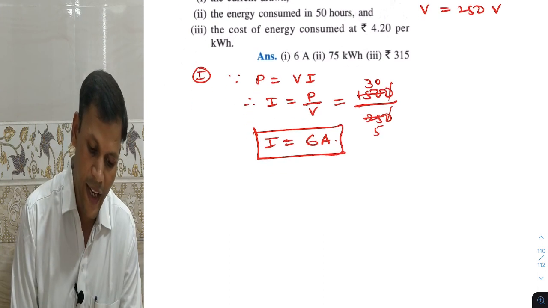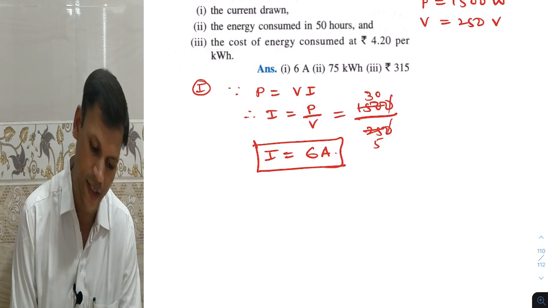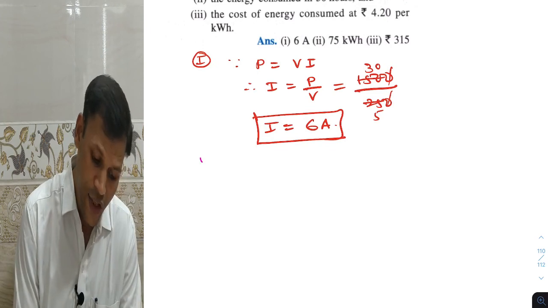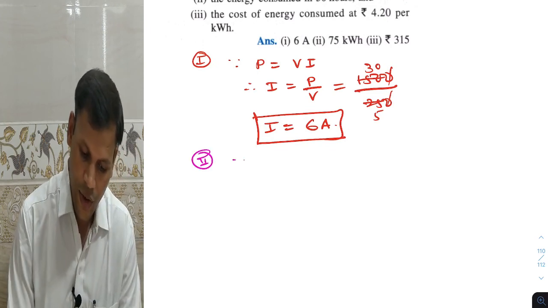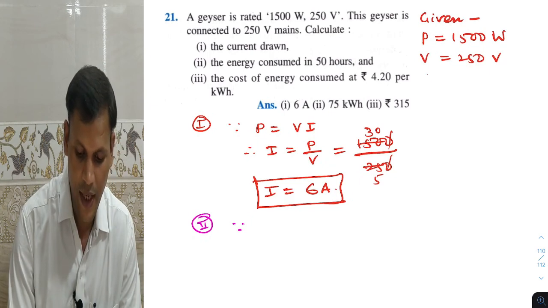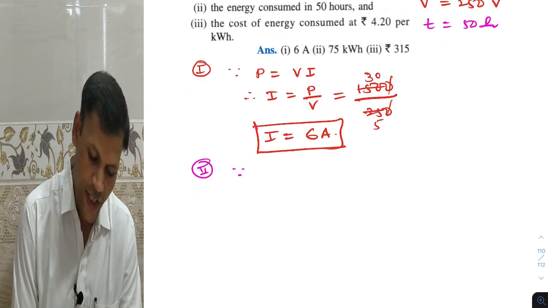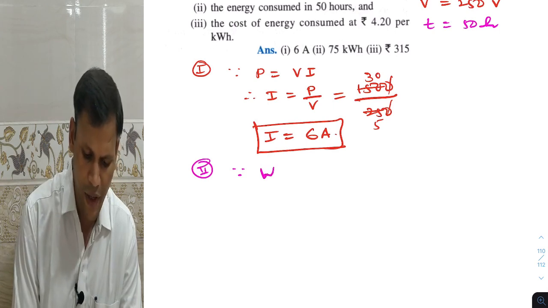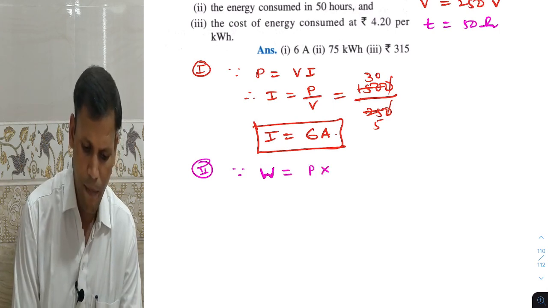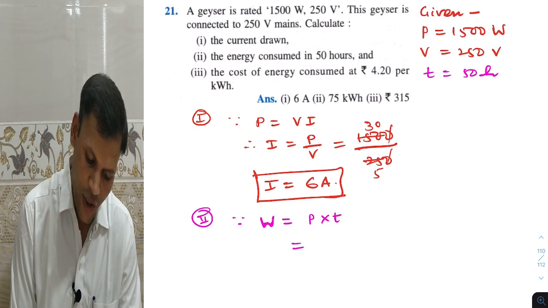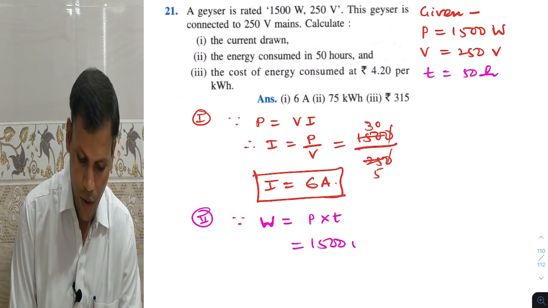Now the second part, energy consumed in 50 hours. So time is given, 50 hour. We know energy or work done is power into time. So power is 1500 watt into time is 50 hour.